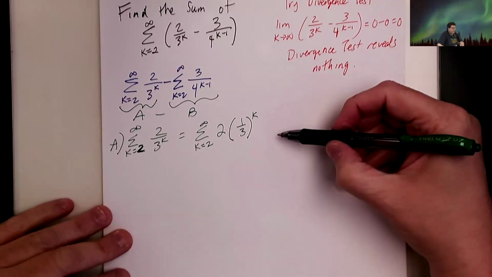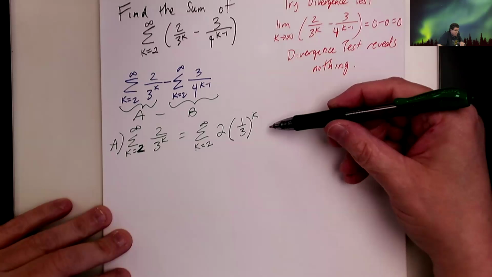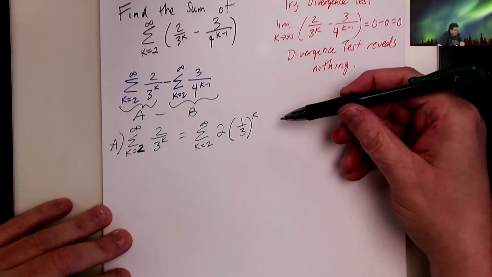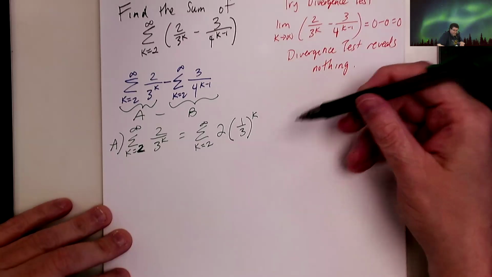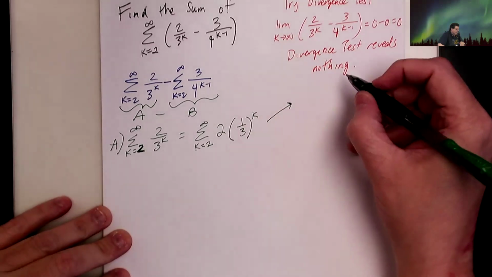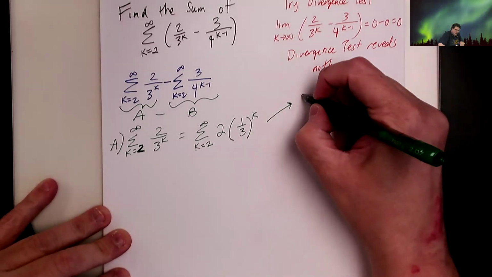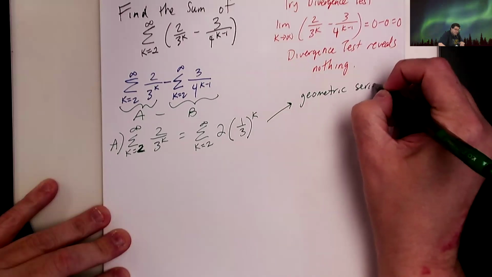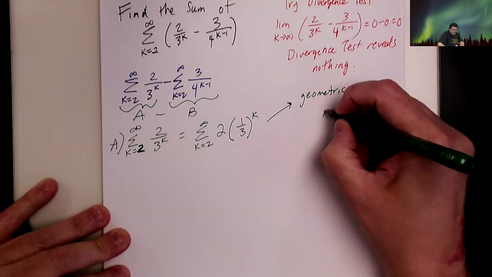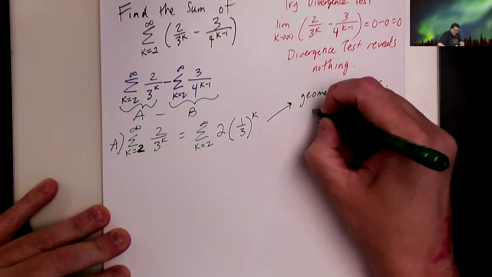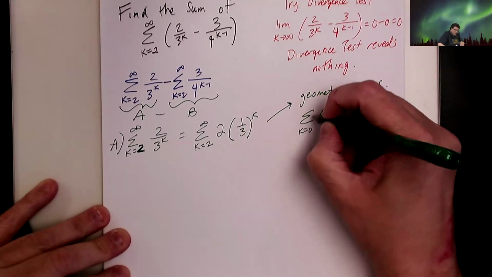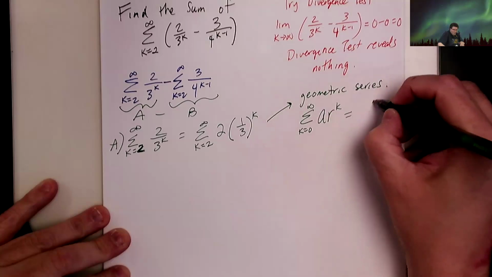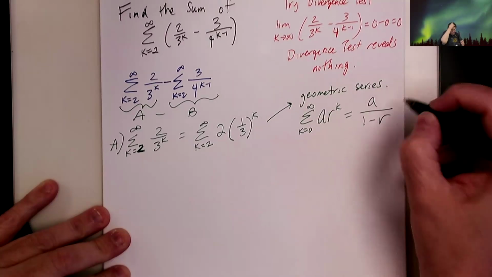What does that remind you of? Hopefully. The one person that went to the SI session answers it right away. Geometric series. But the geometric series starts at 0. And remember, it is A over 1 minus R.